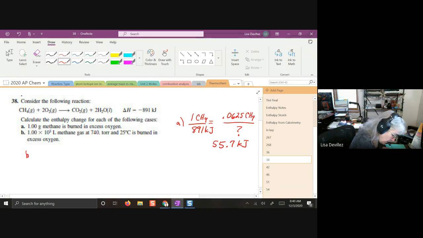And then part B, so PV equals nRT. I have 740 torr.